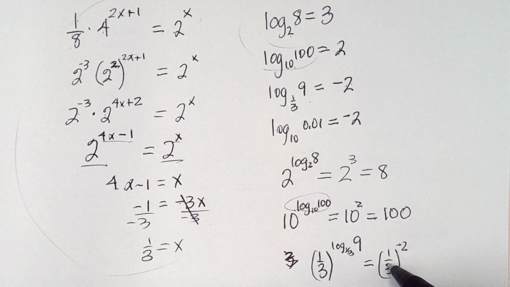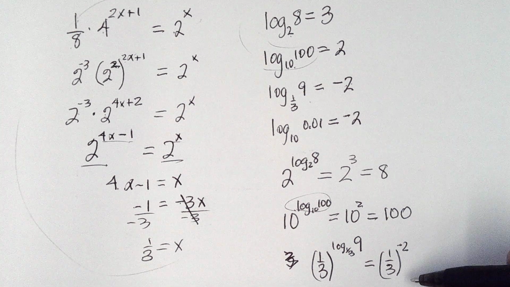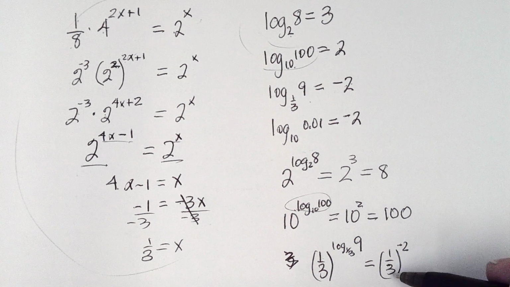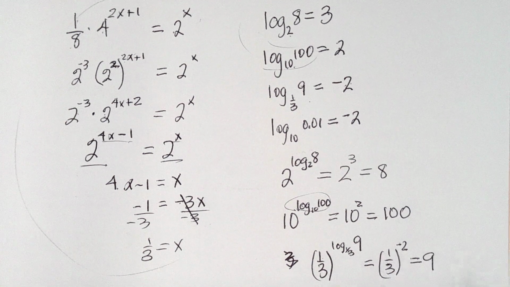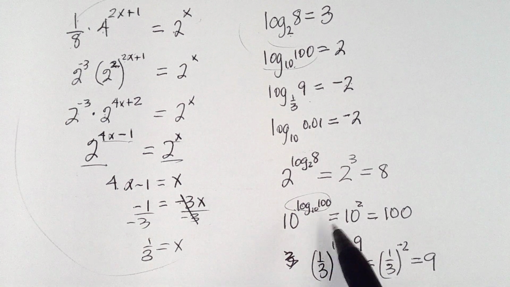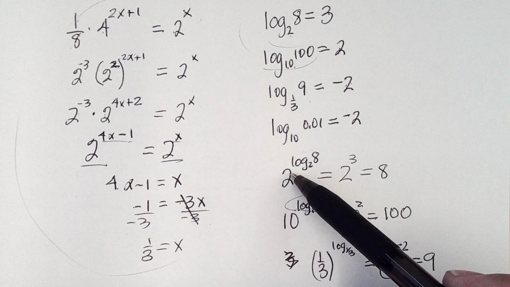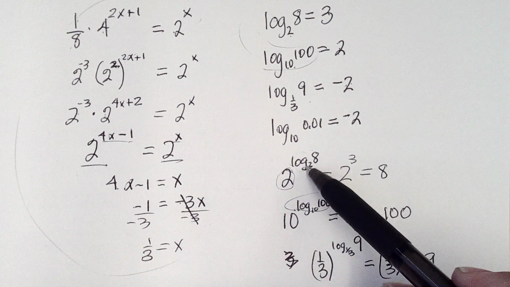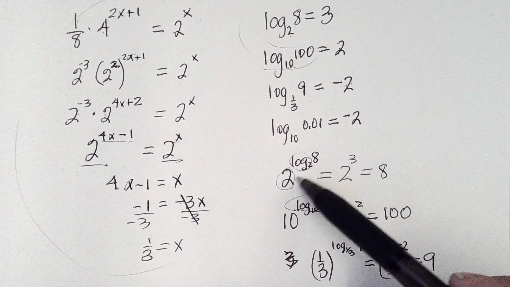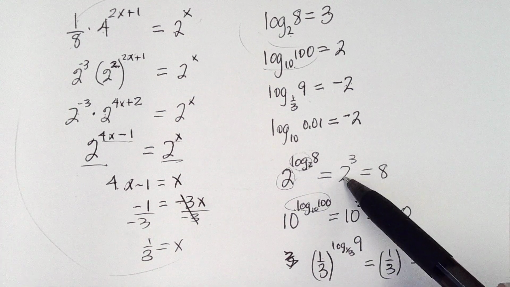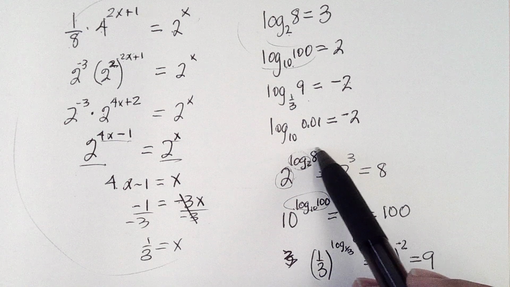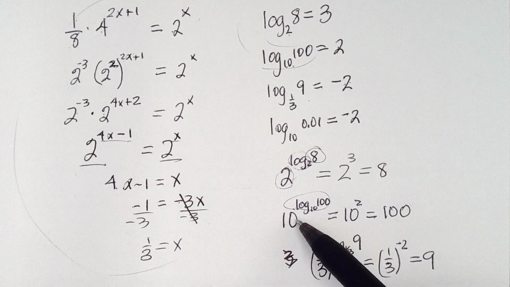The negative turns this into a 3 over 1 instead of 1 over 3. And then squared, it becomes 9. And what I'm hoping you're seeing here is if I have a base and a log to the same base, these pretty much just cancel each other out and become just this number.